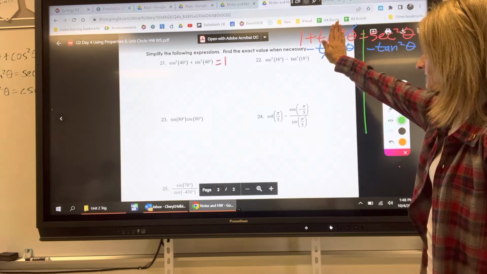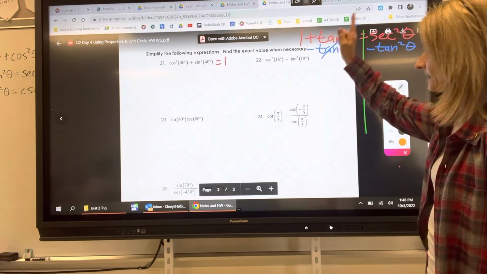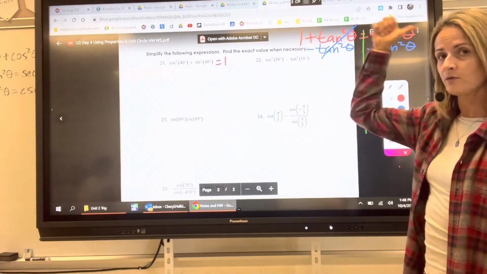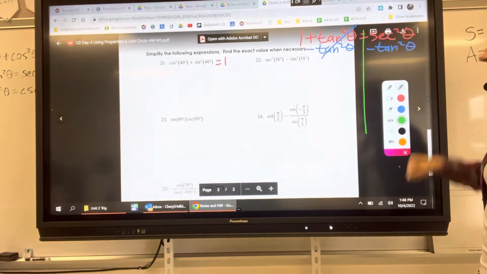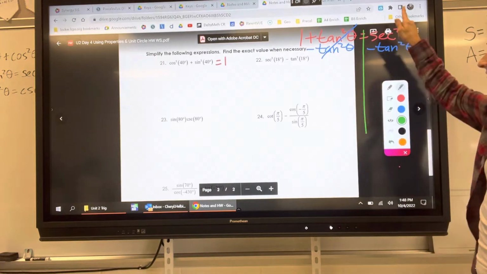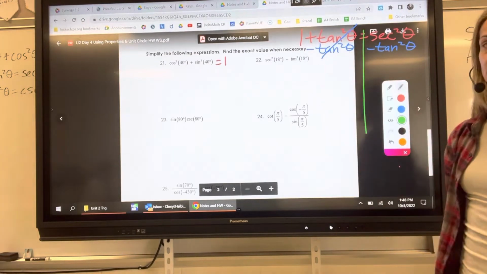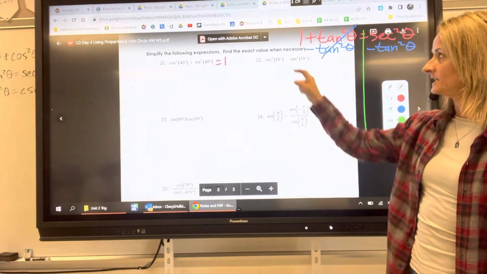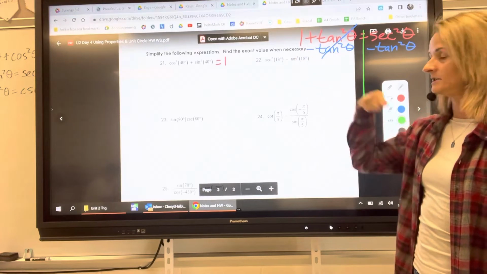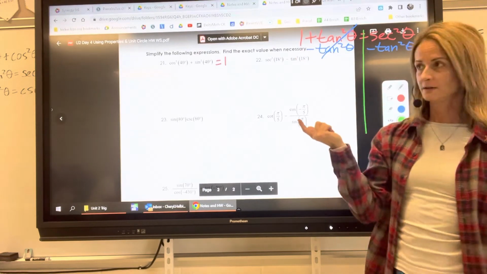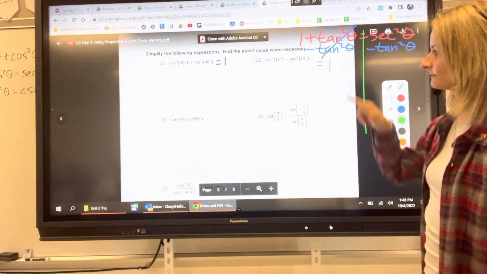I've canceled that, so the only thing left on this side is the 1. And on the right is secant squared minus tangent squared. So the secant squared of theta minus the tangent squared of theta equals 1. So what is the secant squared of 18 degrees minus the tangent squared of 18 degrees equal to? 1. That's it.